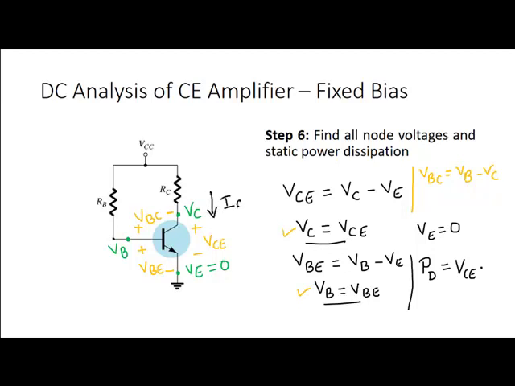IC is the current entering the device, and the current exiting the device is IE, and IE is approximately equal to IC. The base current is very negligible, so we can treat IE as equal to IC. So the static power dissipation of this device is VCE times IC.